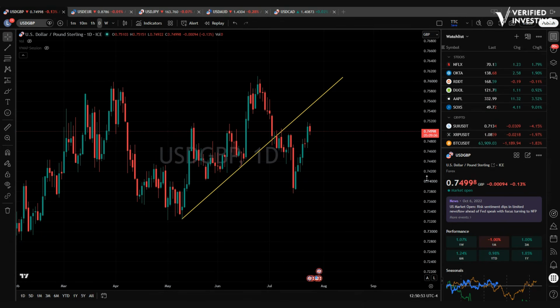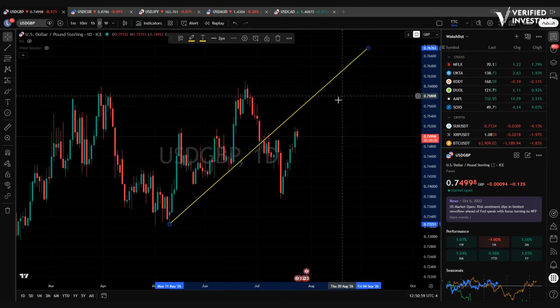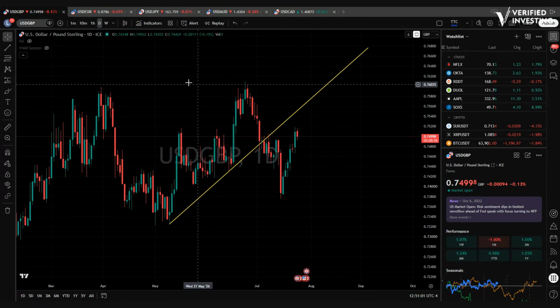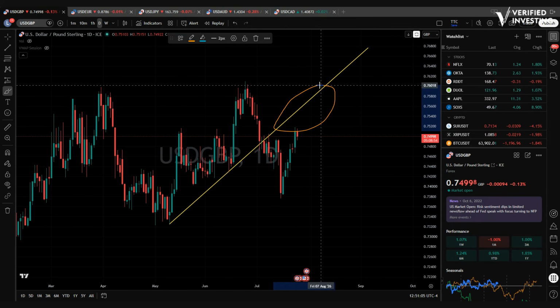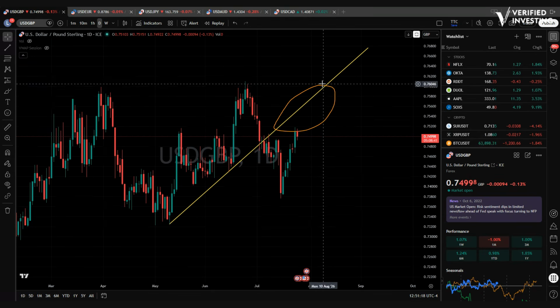Now the question is, can we continue to push up, or will we see a potential pullback? That's interesting, because on this trend line, we know that this place has been support and resistance previously, which means that we're likely to find resistance should the US dollar continue to push up in relation to the Great British Pound, somewhere up around that 0.756 or 0.757 level.